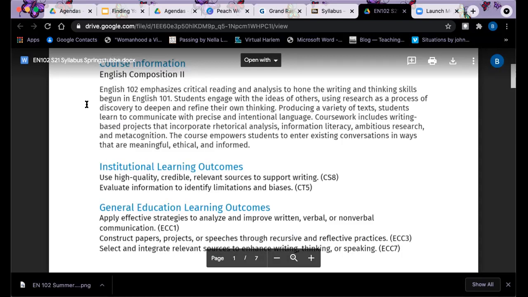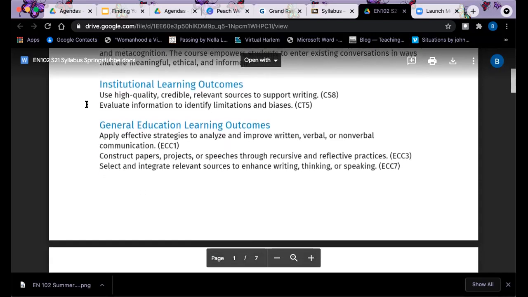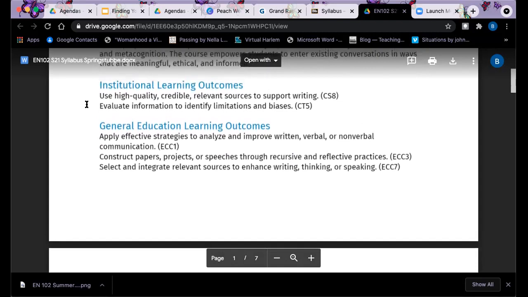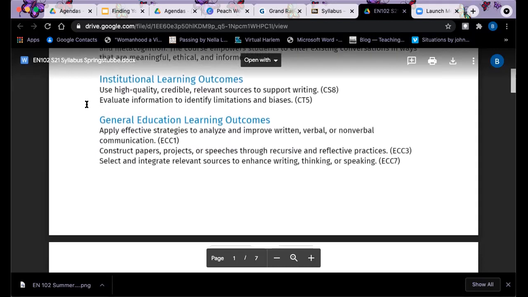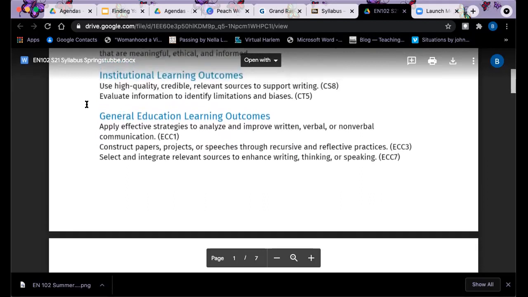And in English 102, a large part of our work is academic research. So we need to keep those things in mind. And one thing that you'll be working on is using high quality, credible, relevant sources to support your writing and evaluate information to identify limitations and biases.